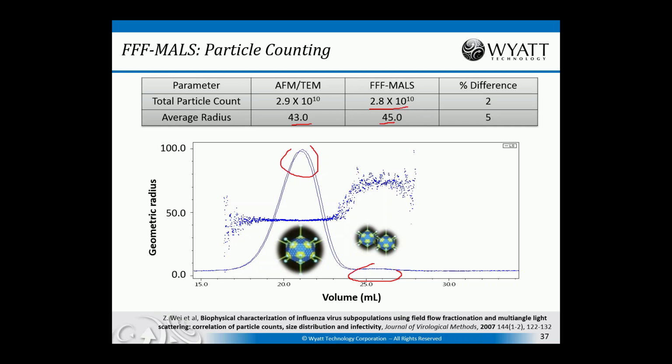And one of the advantages, of course, of FFF, besides being a lot faster, is that you're sampling a much larger number of particles than you typically do using an imaging technique. So if you're using electron microscopy or other imaging techniques to characterize these nanoparticles in terms of size and size distributions, you're missing many particles. Whereas FFF has a relatively high sampling efficiency, and your ensemble is much larger for more accurate averaging.